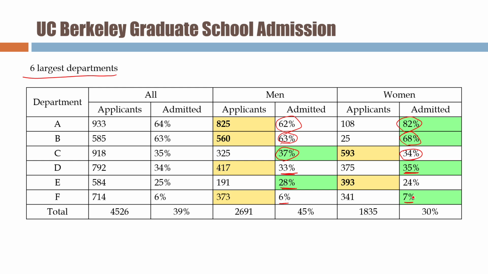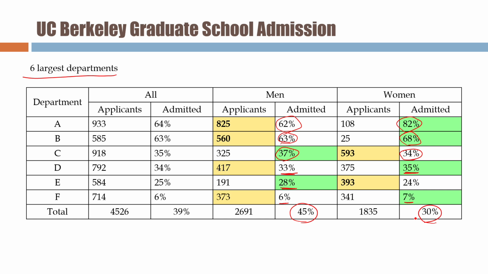So if you just take a look at the department level data, it doesn't look like women got discriminated against, right? But when we aggregate, the percentage is 45 versus 30%. This is an even bigger difference when we see the whole university level admission difference.